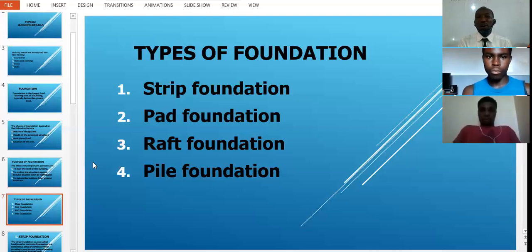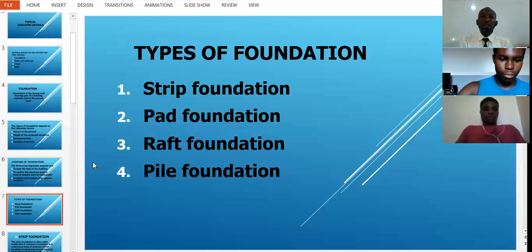Each of these foundations has its own design. There's a way that they are constructed. That is why they differ from each other, based on the factors we need to consider when choosing a foundation. Looking at those factors, each of these foundations has a particular place where it can be used.